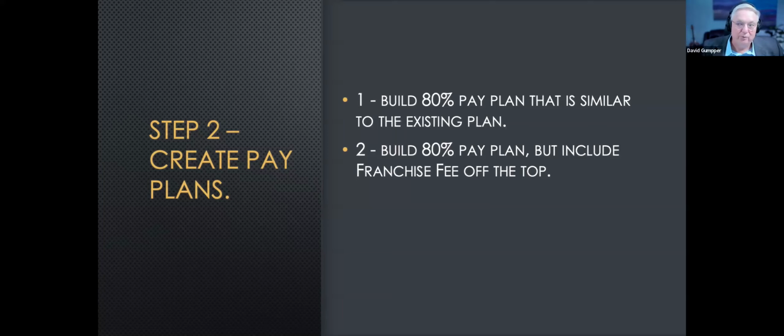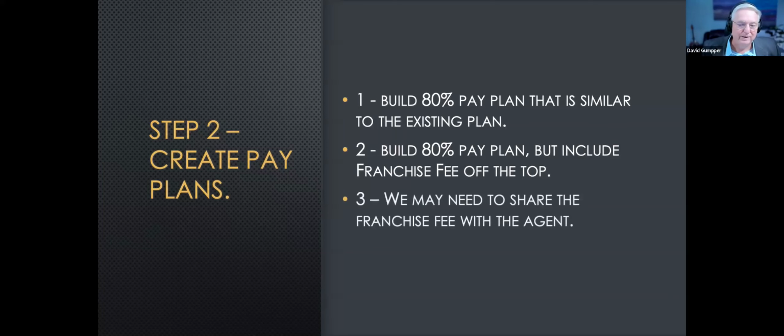If we give them an increased split, then what is it that we can have in return for that increased split, to make it worthwhile? And just as a fallback as well, we were absorbing that franchise fee from the beginning.